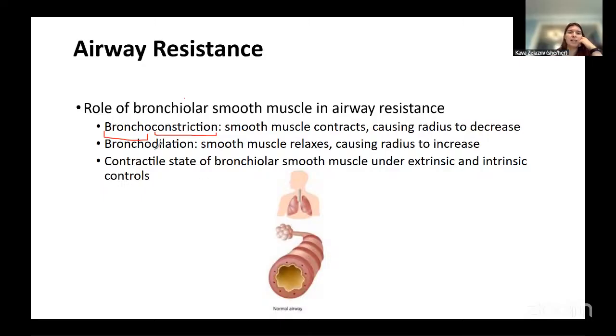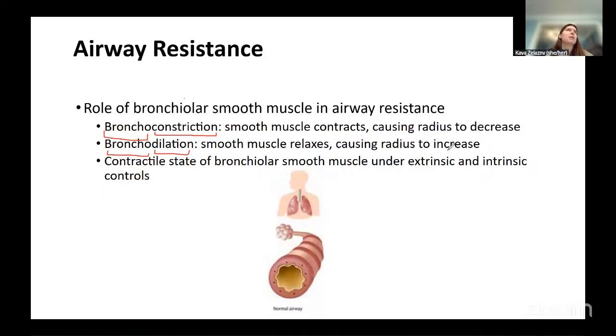We can do the opposite too. So bronchodilation, right, is just smooth muscle relaxing. So now we have a nice wide bronchiole, big radius, low resistance, right? So easier for air to flow through that bronchiole. Okay. So like with our arterioles, we're going to see that this bronchoconstriction and bronchodilation, this contractile state of the smooth muscle in the bronchioles, is going to be controlled by some extrinsic factors, right?